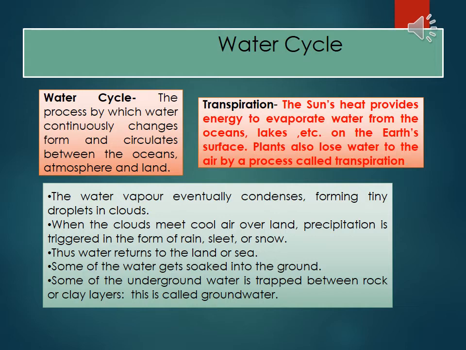Plants also lose water to the air by a process called transpiration. The water vapor eventually condenses, forming tiny droplets in clouds. When the clouds meet cool air over land, precipitation is triggered in the form of rain, sleet, or snow. Thus, water returns to the land or sea.